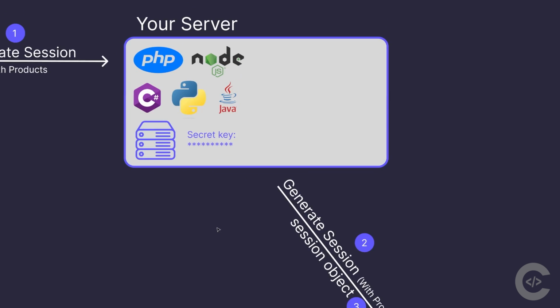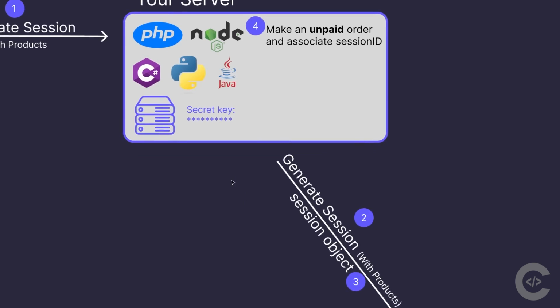And the secret key can be taken from the Stripe's admin dashboard. Alright, next, the Stripe server will generate a session object and return to your server. Now your server has the session object. What to do next? Your server will make an unpaid order and save that in database and associate the received session ID to that order.